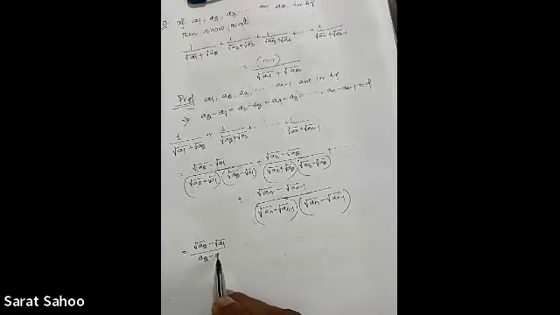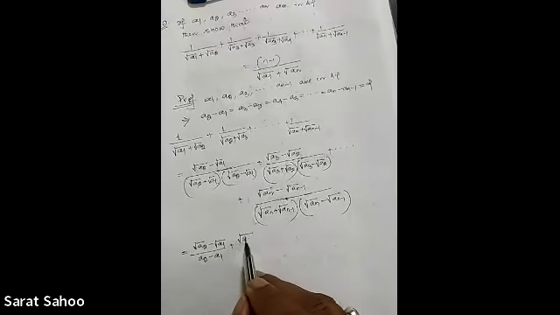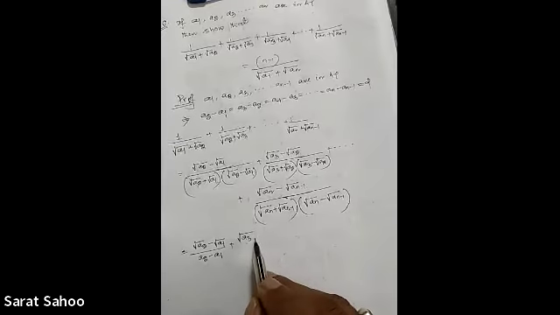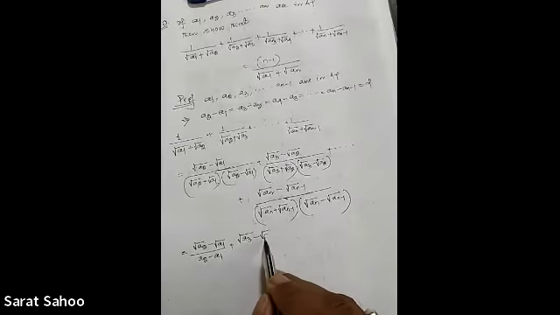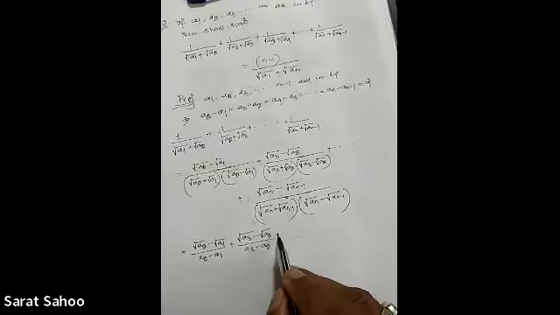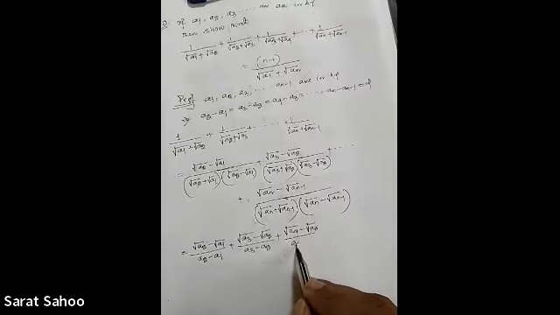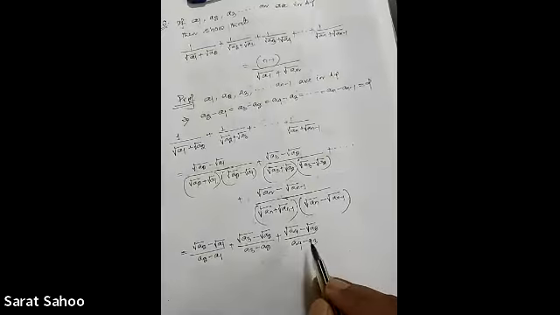A2 minus A1, plus root A4 minus root A3 upon A4 minus A3.